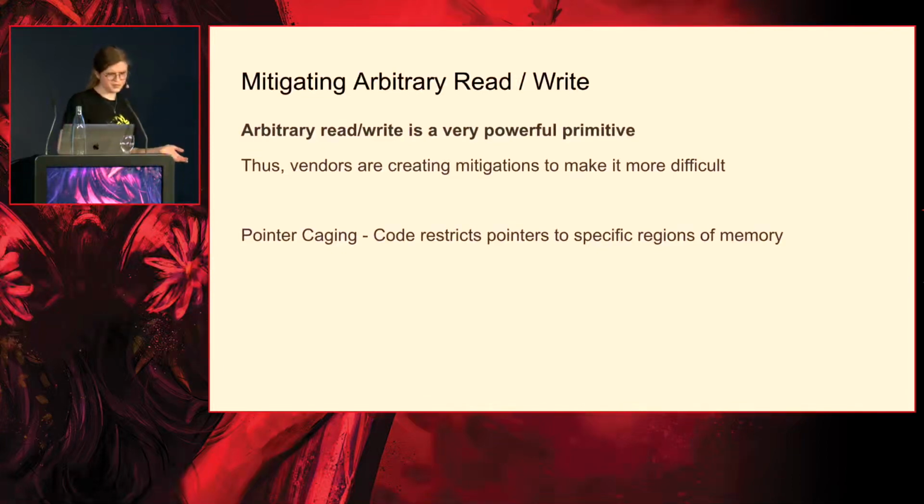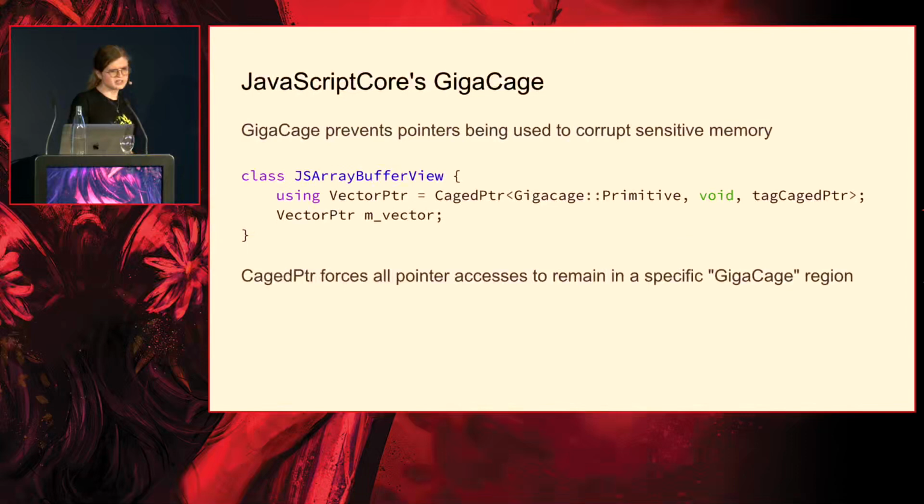So the first real implementation of this is in JavaScriptCore, which is Safari's JavaScript engine. They call it GigaCage. And it's essentially this large region of heap memory, which you can then tag any pointer. So you can see here there's this thing called caged pointer. You can put that type on any pointer you want, and it will force it to always point into this cage.